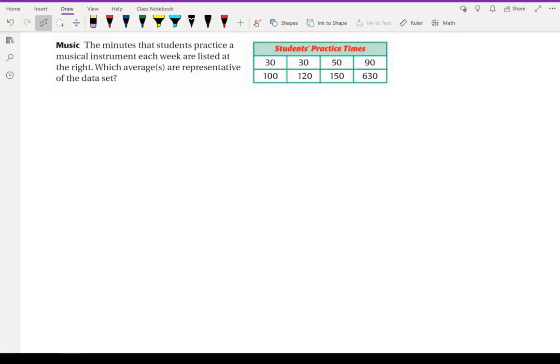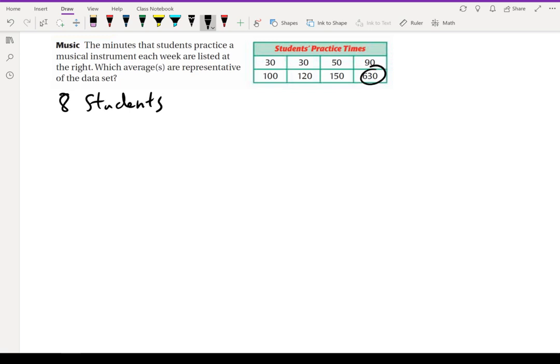In this example, it shows the minutes that students practice a musical instrument each week. Here we have 8 students, and each one of them practices a different amount. Some students are more hardworking.